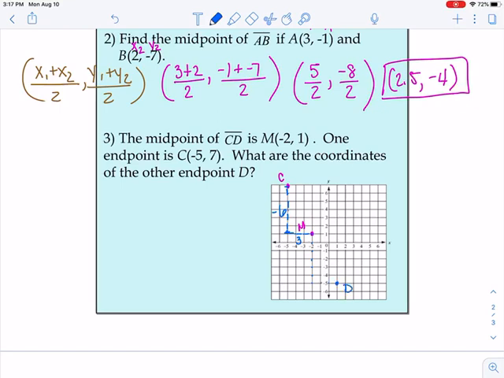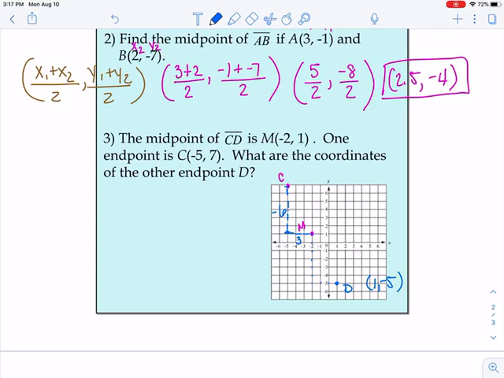And there is my point D. But again, it doesn't really matter that I graphed that so beautifully. They want to know what the coordinates are, so I do need to state what those are as an ordered pair. And as an ordered pair, that is going to be the point 1, -5.